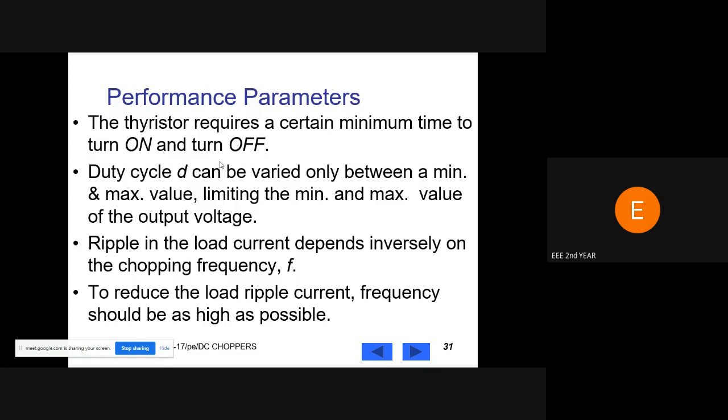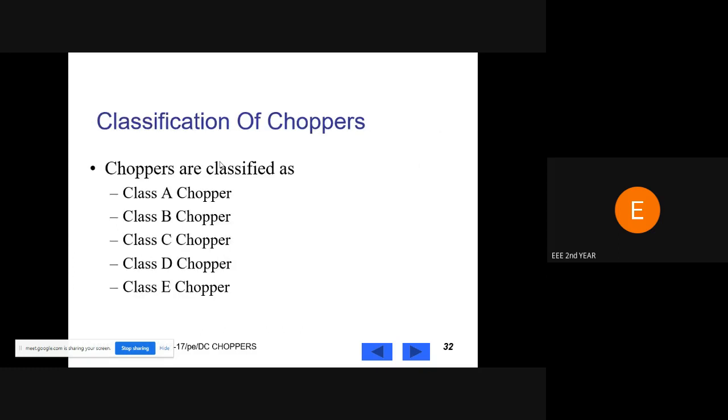Ripple in the load current depends inversely on the chopping frequency F. To reduce the load ripple current, the frequency should be as high as possible.